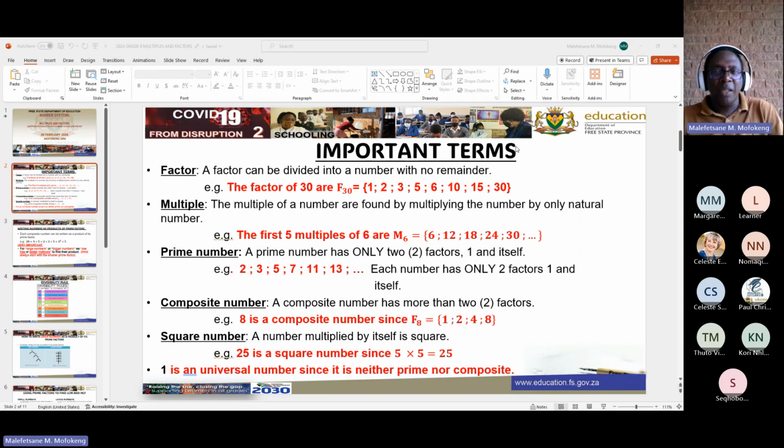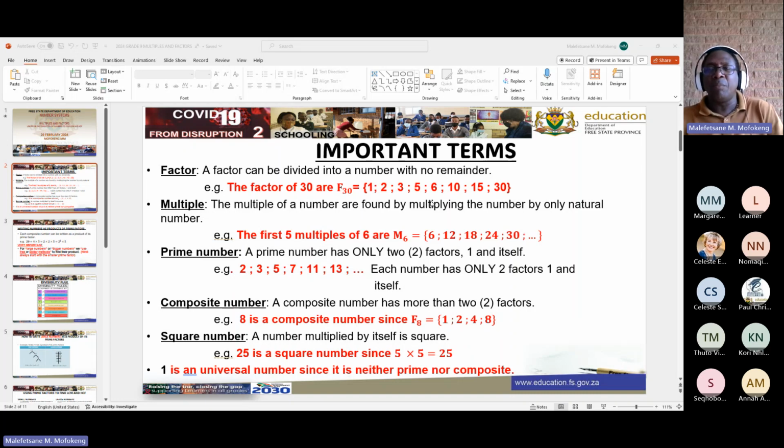It does not leave a remainder. And we can also divide by 10, and 10 goes 3 times into 30, and it cannot give a remainder. All those numbers that do not leave a remainder when you divide them into 30, we call them factors.